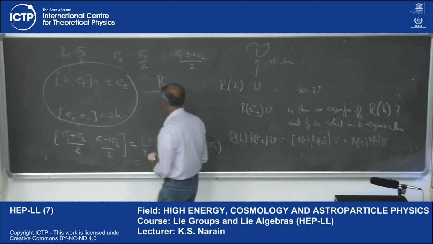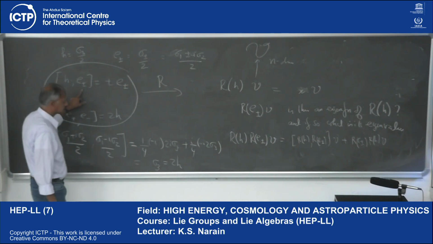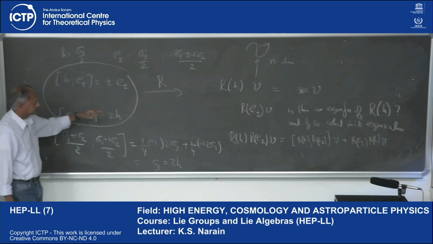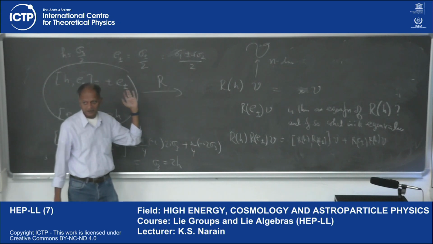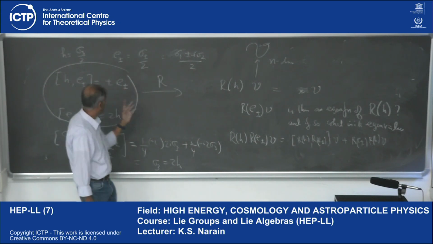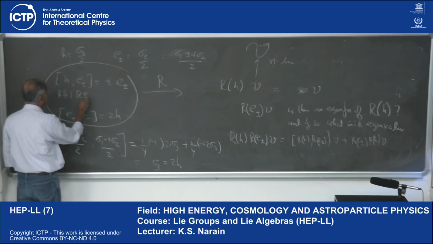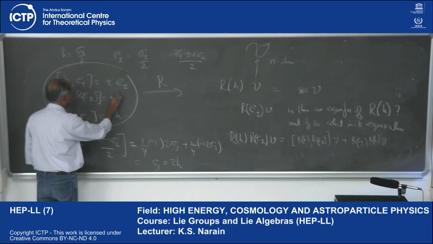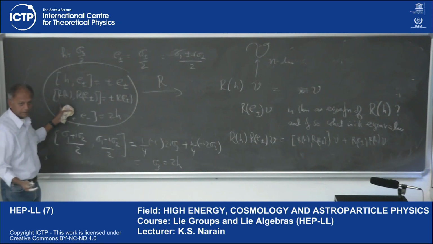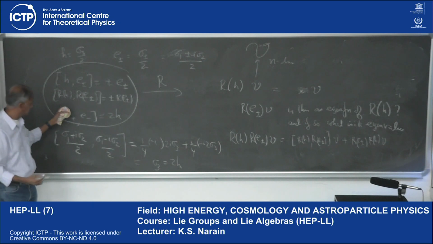Okay. Now we use this commutation relation. Remember, the representation has to preserve the commutation relation. Right? So what that means is that RH with RE plus minus commutated must be plus minus RE plus minus. This is just the requirement that the representation preserves the commutation relation.